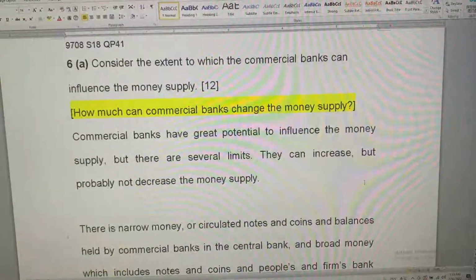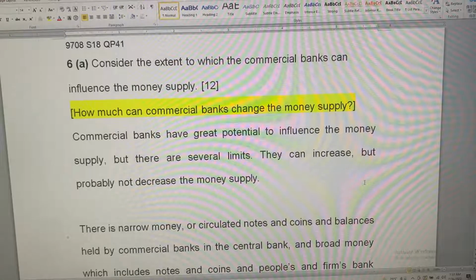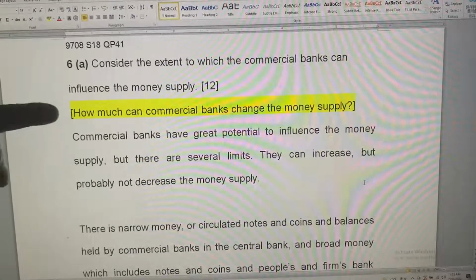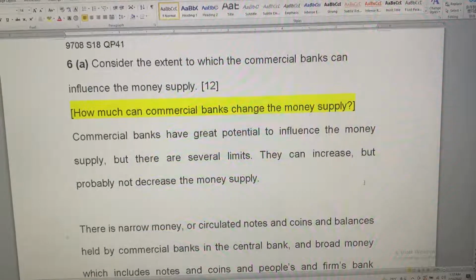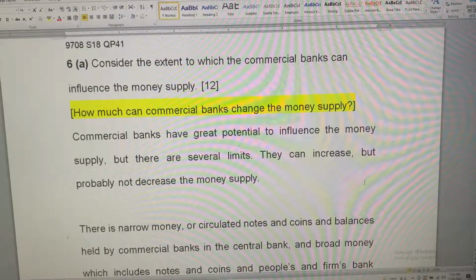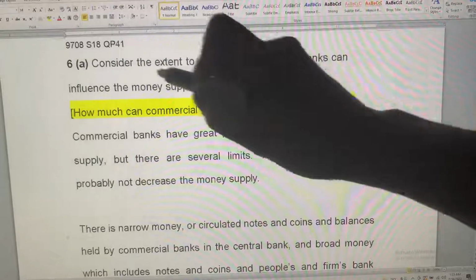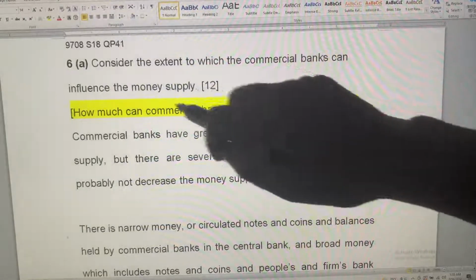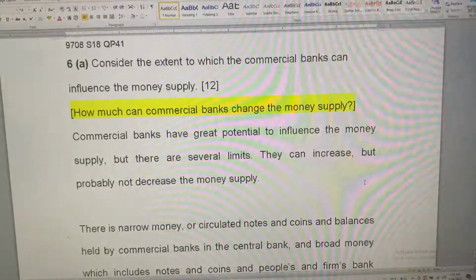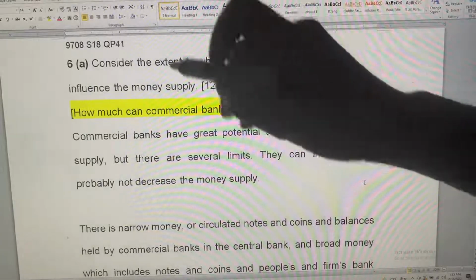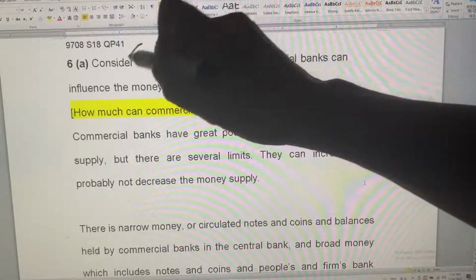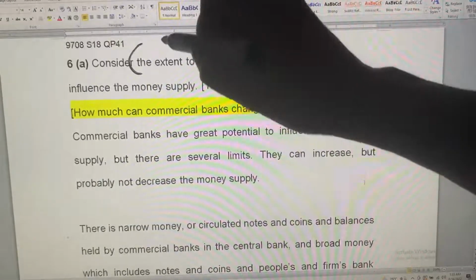It's here. And I kind of translated this question here because I think the way they write these, consider the extent to which the commercial banks can influence the money supply, is rather twisted. The extent to which, that's how much.